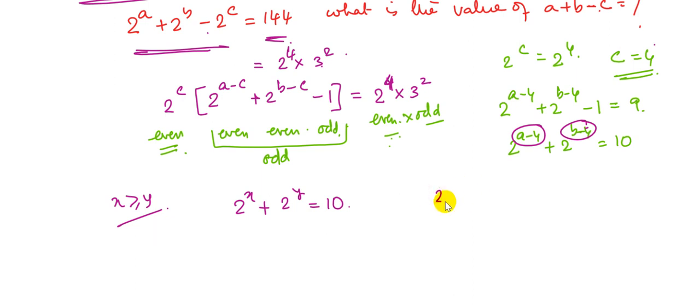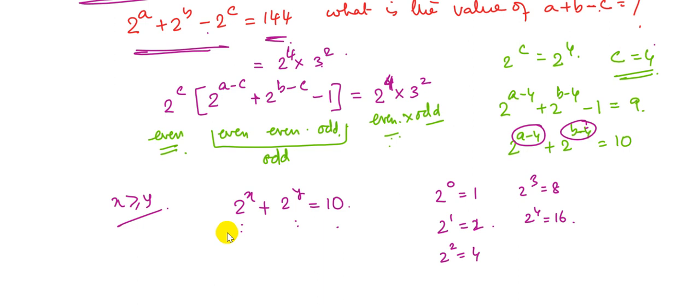So what are the powers of 2? 2 to the power 0 is 1, 2 to the power 1 is 2, 2 to the power 2 is 4, 2 to the power 3 is 8, 2 to the power 4 is 16, and so on. So obviously two positive numbers adding up to 10, both being powers of 2, what would be the numbers?